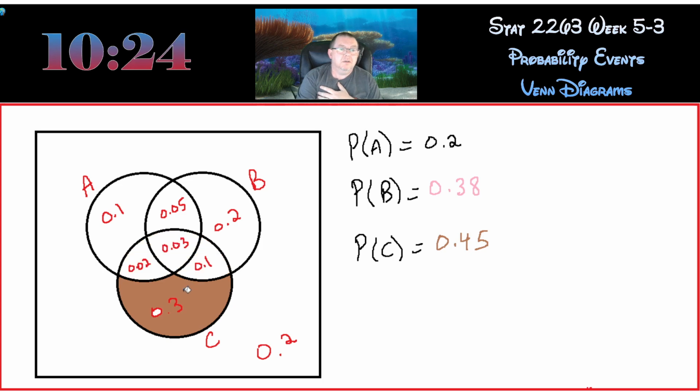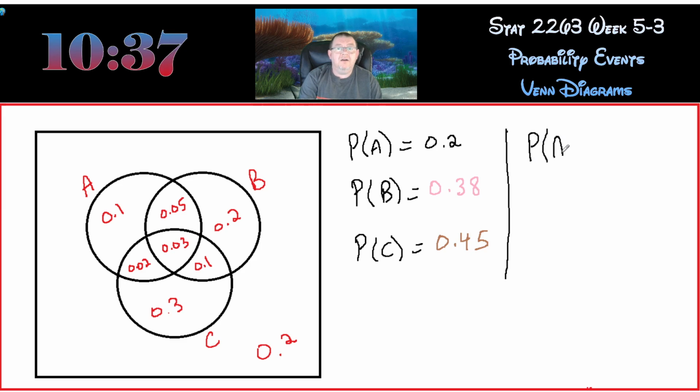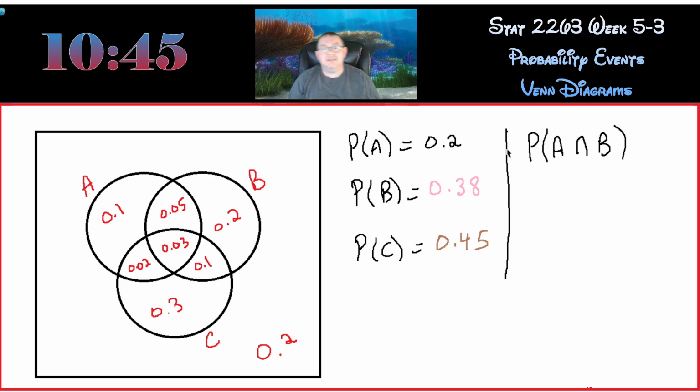Now, let's go back to our diagram. What else could we look at here? Oh, I can't write in white. We could look at, for example, the probability of A intersect B here. And we have to observe that in this case, A intersect B is all areas in both A and B, which in this case would be 0.08.